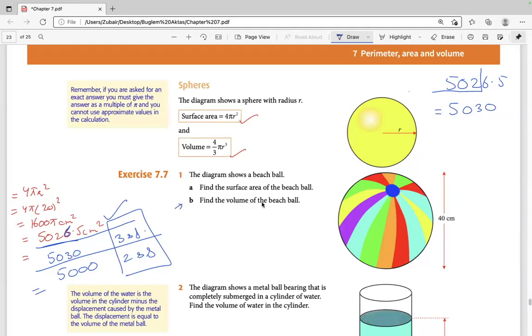B part says find the volume of the ball bearing. 4 by 3 pi r cubed. 33,510.3. Very good. Write it up to 3 SF.